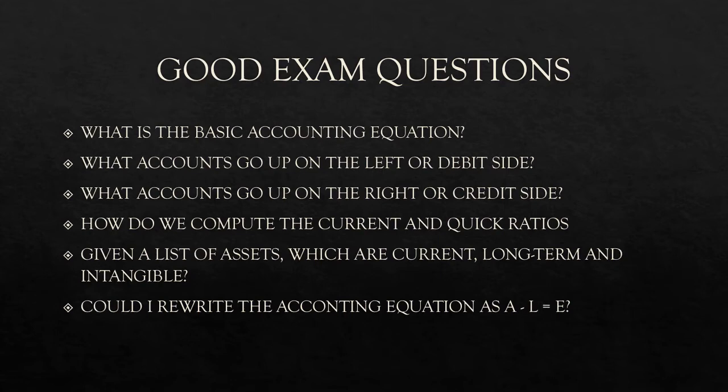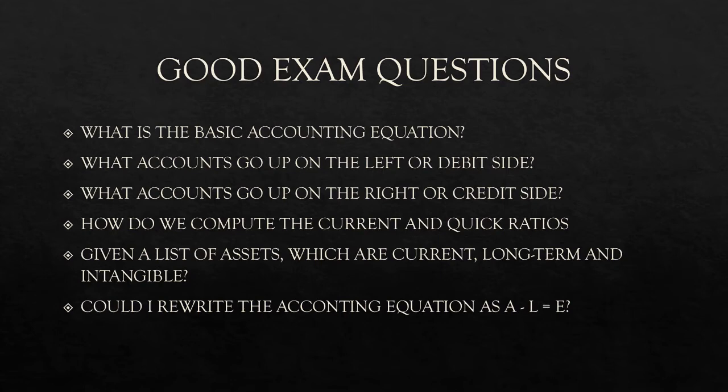Given a list of assets, which are current, long-term, and intangibles? So I may give you a list of accounts that may have some accounts payable, liabilities and equity accounts within them, and I ask you which of the items are assets and which are current, long-term, and intangible, those kinds of things.